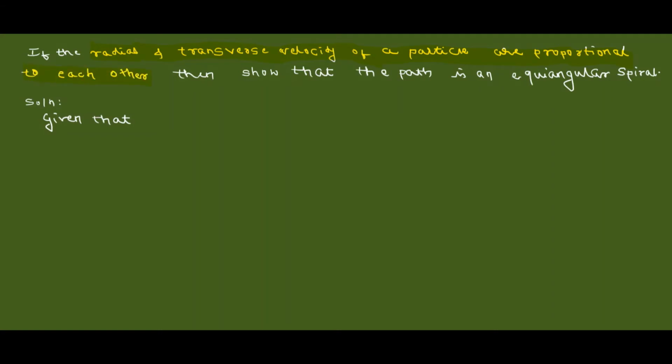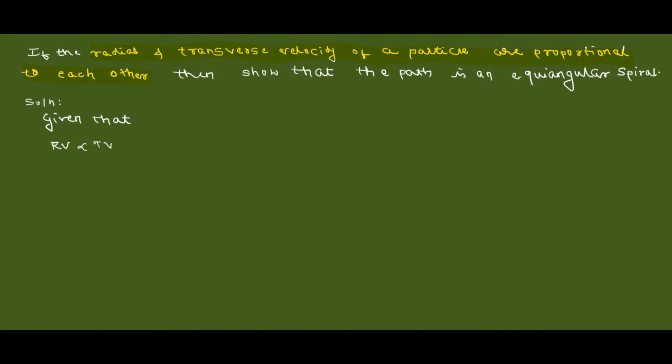They are proportional to each other means I will write transverse velocity, briefly TV, is proportional to radial velocity, RV.